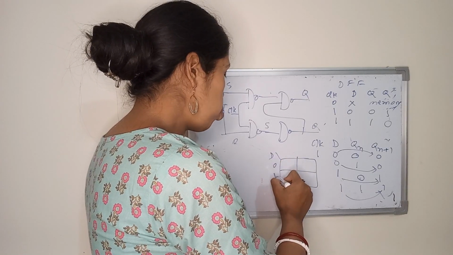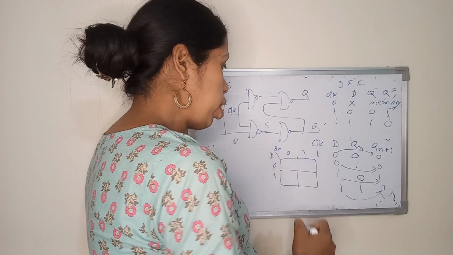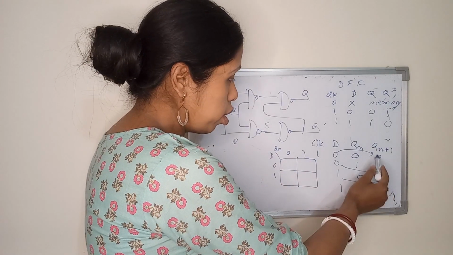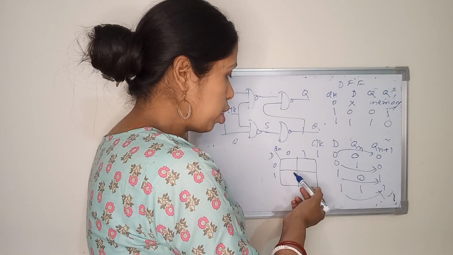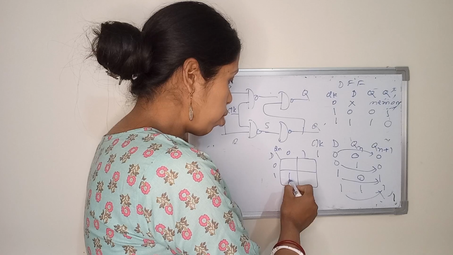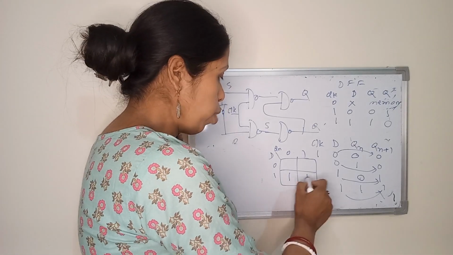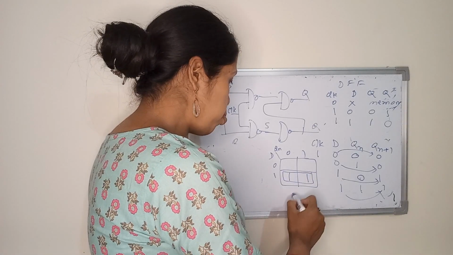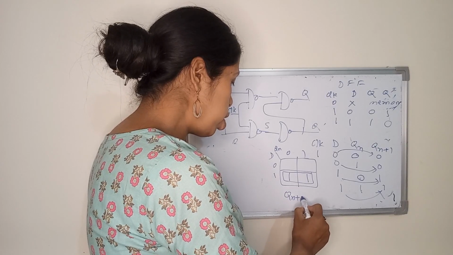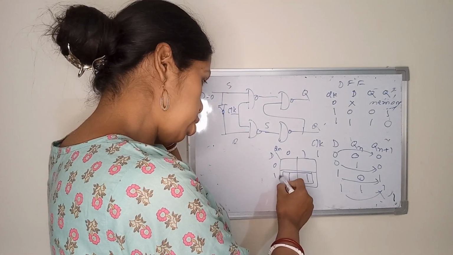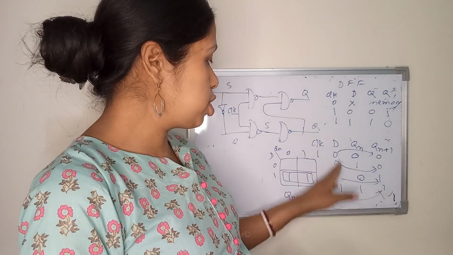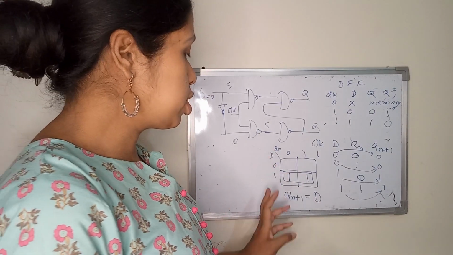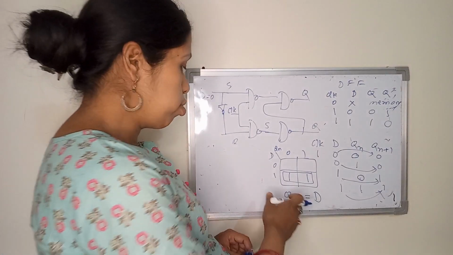Here is D 0 1 and here is Qn 0 1. In the 1 0 and 1 1 combinations I have Qn plus 1 equal to 1, so I am making a pair. Now what will be your Qn plus 1? Qn plus 1 is D. From the truth table also you can see your Qn plus 1 is the same as D. From the K-map also you can see that Qn plus 1 is equal to D.